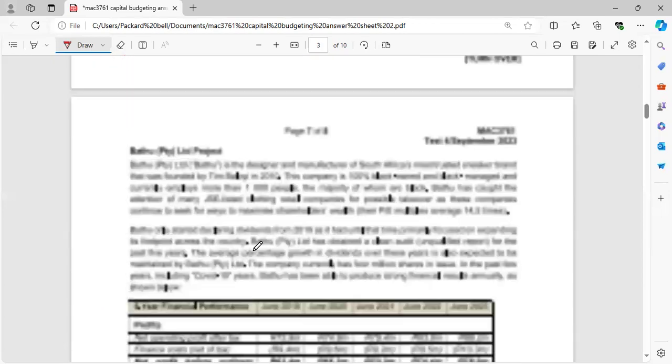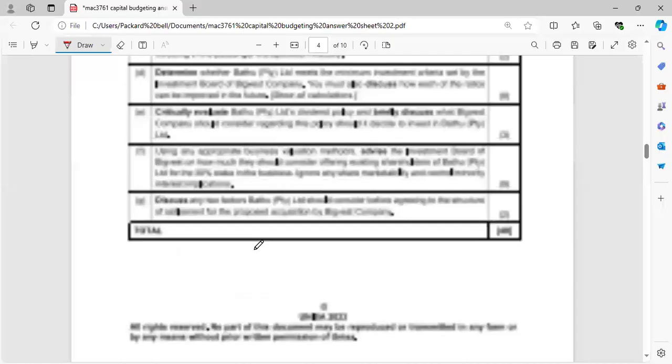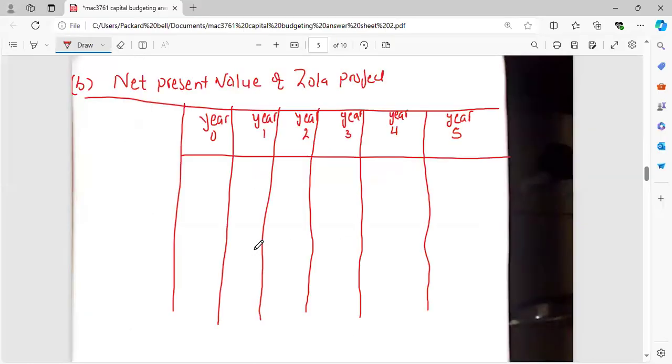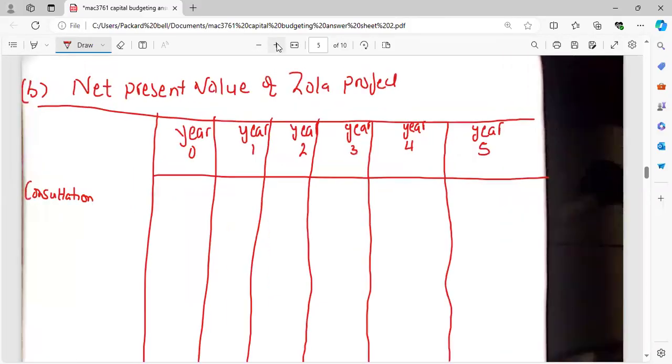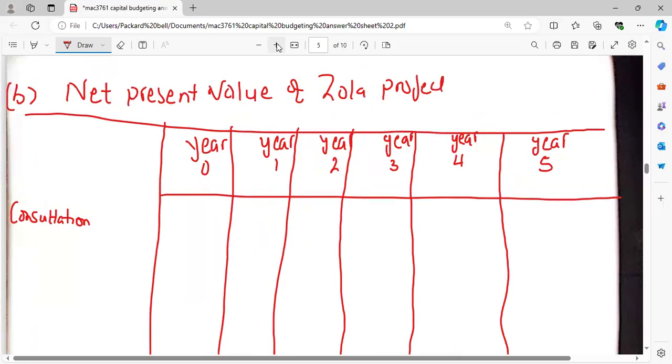So which means in our answer, we have the sunk cost consultation fee. We have the consultation fee.